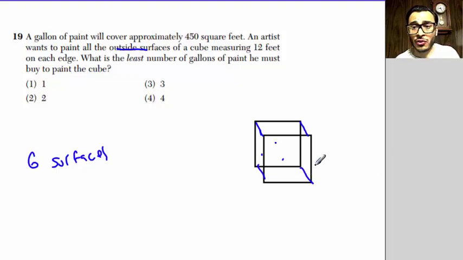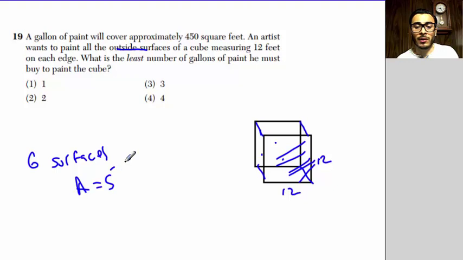So if each cube side measures 12 feet, then the area of just one of those squares is 144, right? The area of a square is the side squared, which is 144. That's the area of one square, but he's got to paint 6 of them.